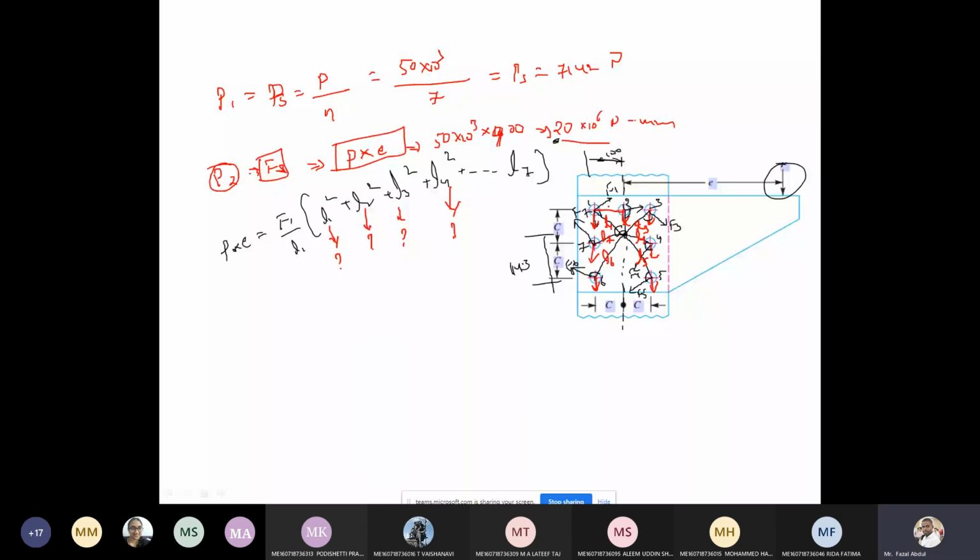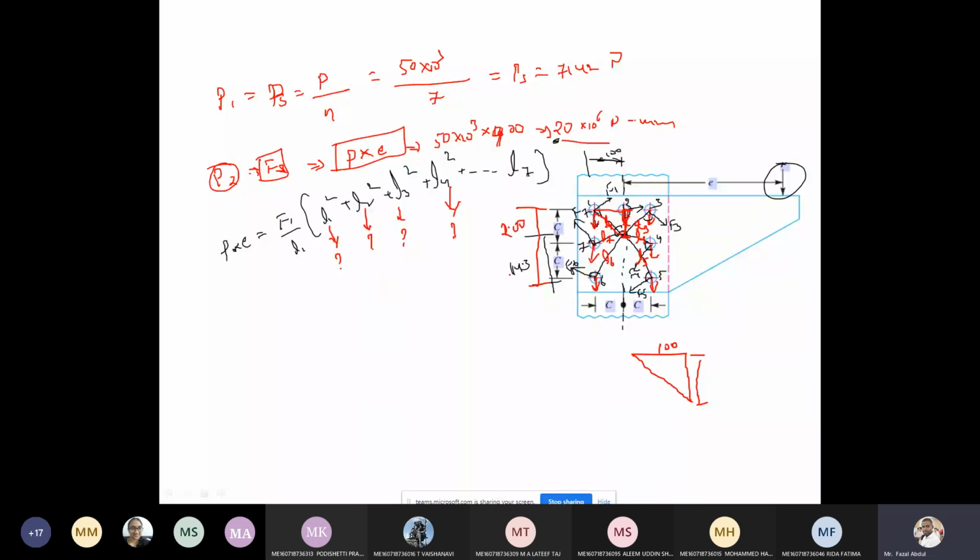To calculate L1, L2 and so on, how much is the distance from here to here? That is given, otherwise separately I'm drawing this triangle here outside. This distance is given in the question as 100. Now here to here, how much? Total from here to here is 200.